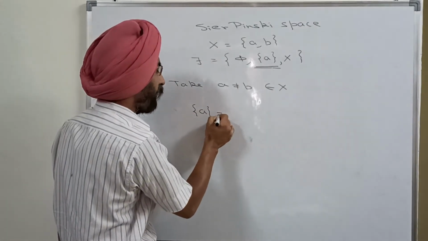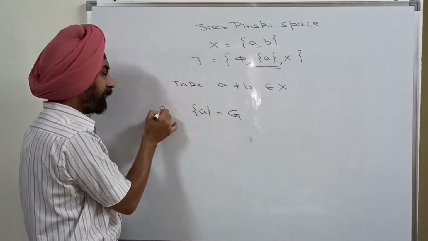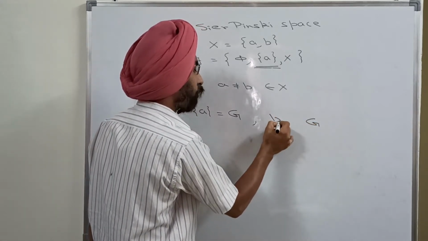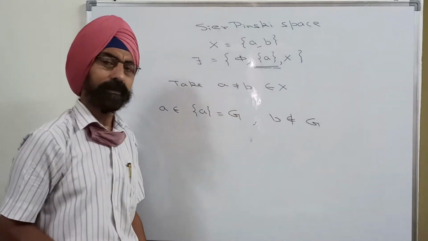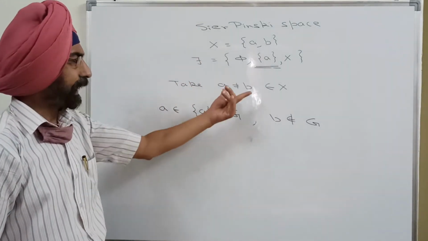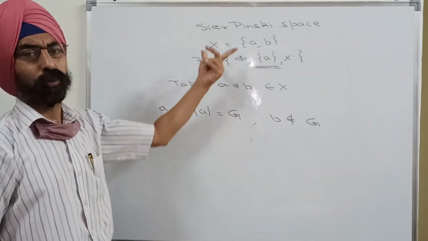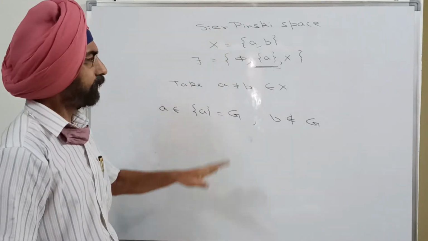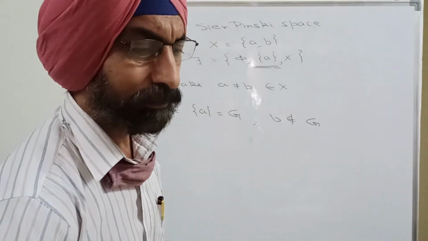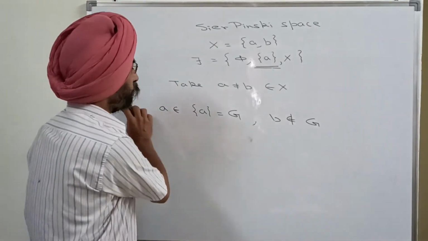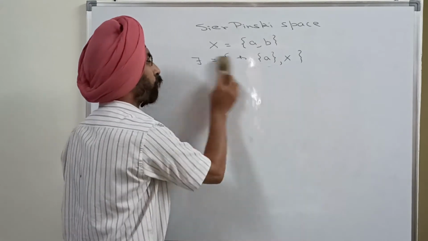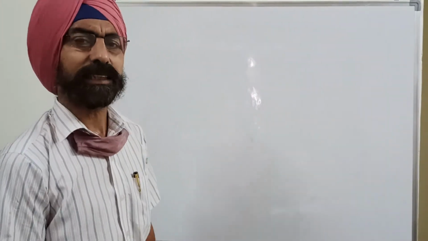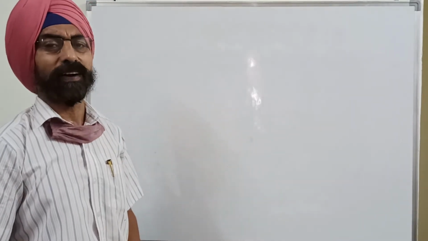So this is the required open set G, which contains A, but it does not contain B. So that set will work and the topology will become a T0 space, or you can say T0 topology. So this is the third example, and now we will move on to another important topological space, that is a set X with cofinite topology defined on it.